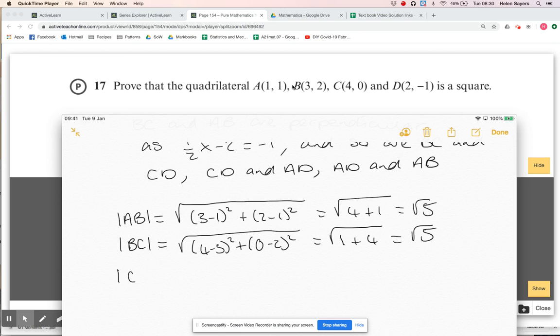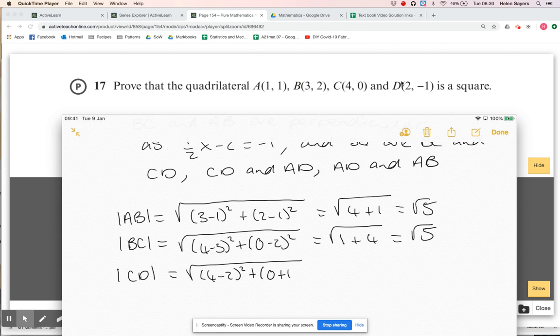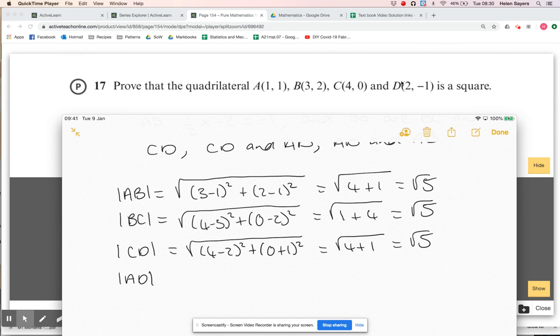So then I need length CD. Now I'm looking at the distance between those two. So 4 minus 2 all squared plus 0 minus -1 all squared. So that's going to be root 4 plus 1, so root 5. And last but not least, to be honest, if 3 of them are the same length and we've shown that they're all right angles, we have proved it's a square, but we might as well just finish it off.